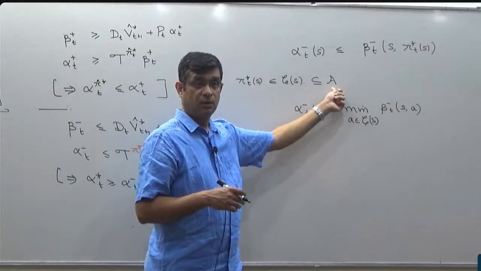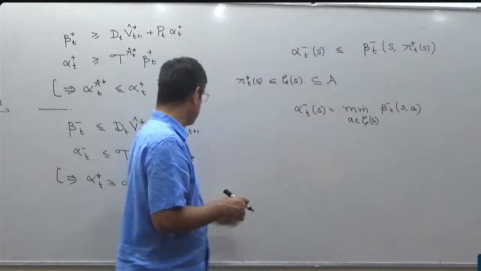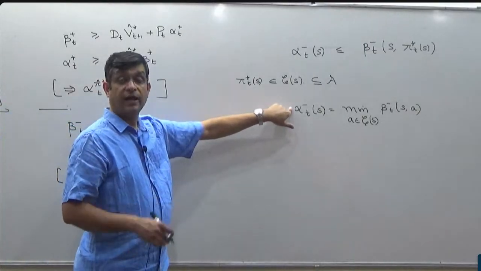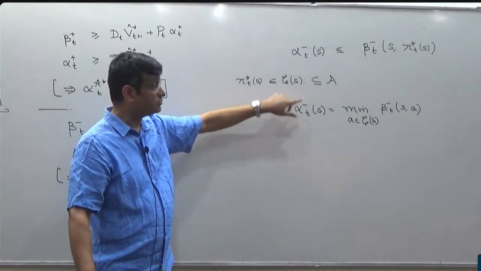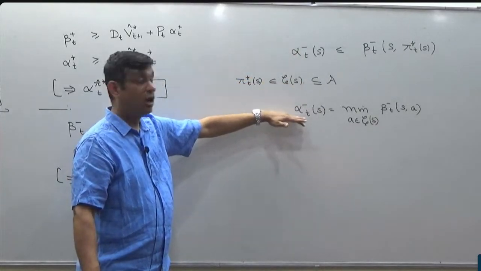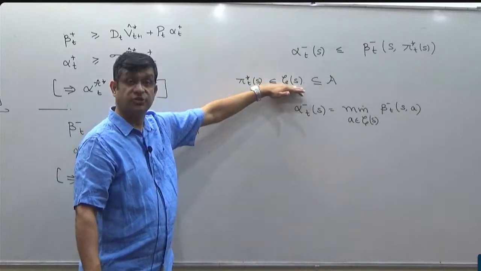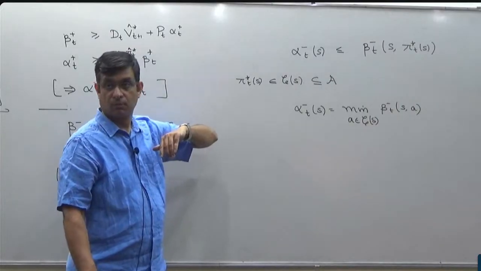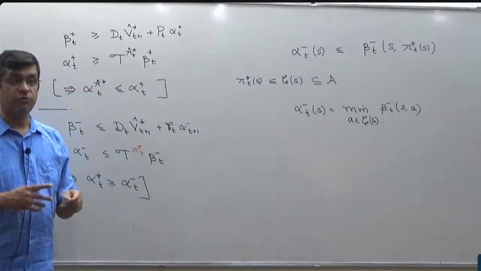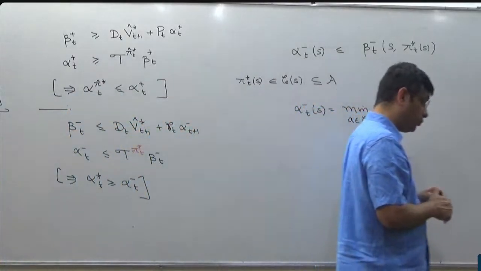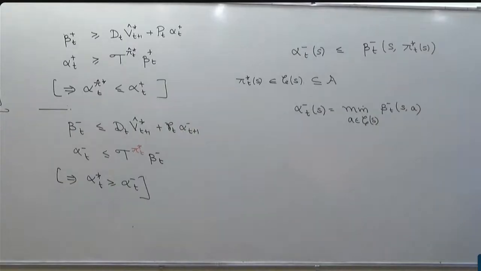If I replace this with this recursion, I get a computable bound. I still need to deal with the dynamics P, but ignoring that, I do not need to know the policy. All I need to know is that there is a set of actions which contains the optimal action. If you are doing things such as inventory management, we can often bound the range of actions that one would pick.